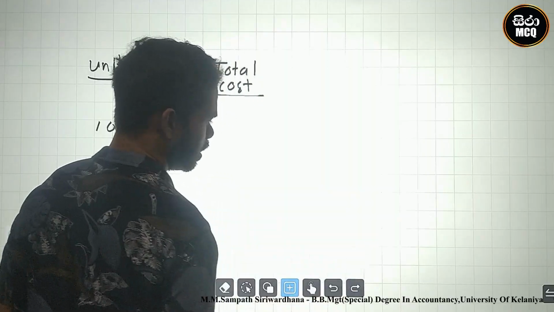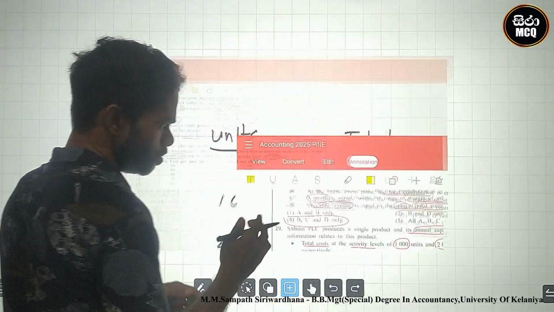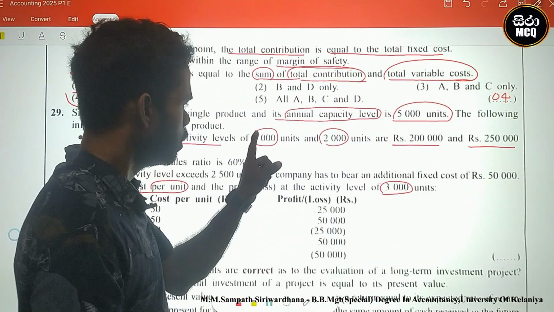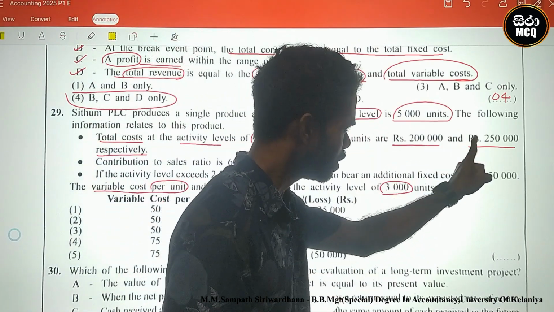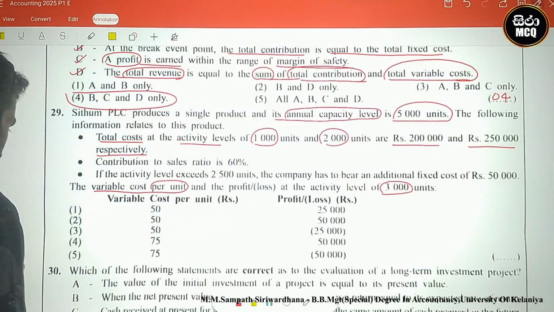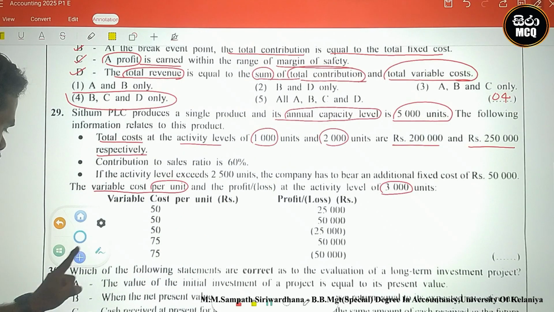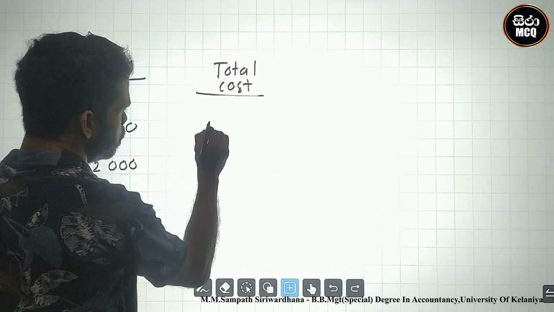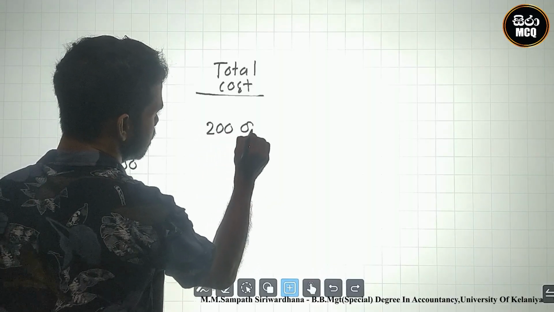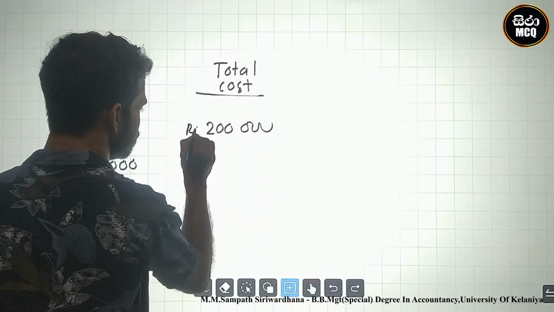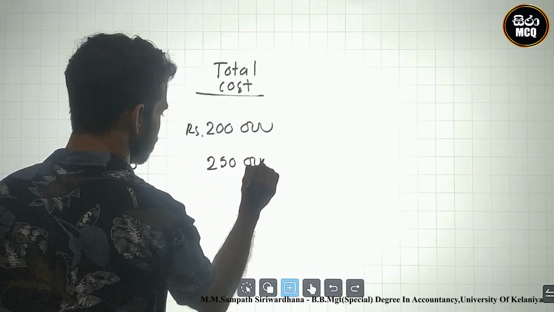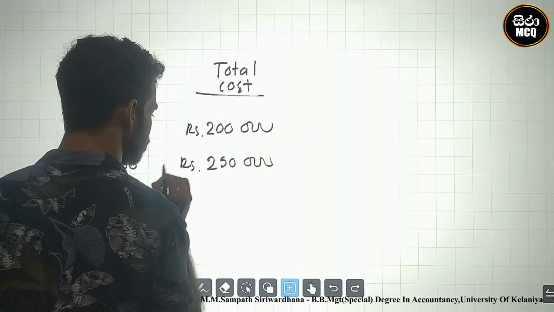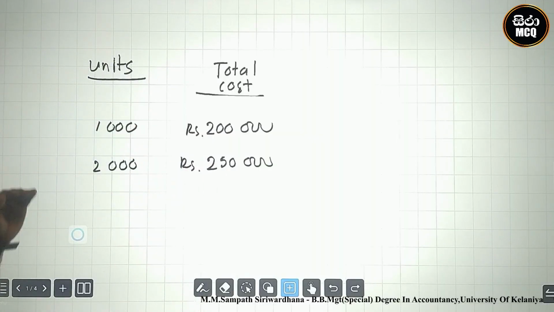At 1000 units it is 200,000 rupees, and at the activity level of 2000 units it is 250,000.